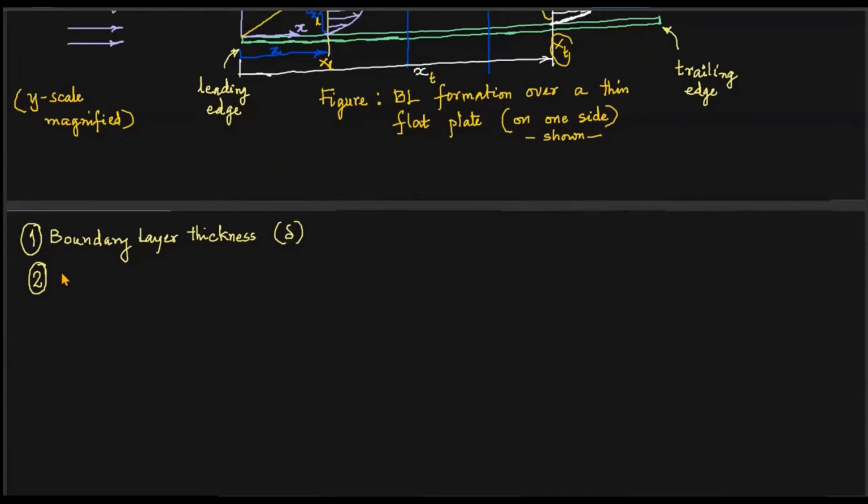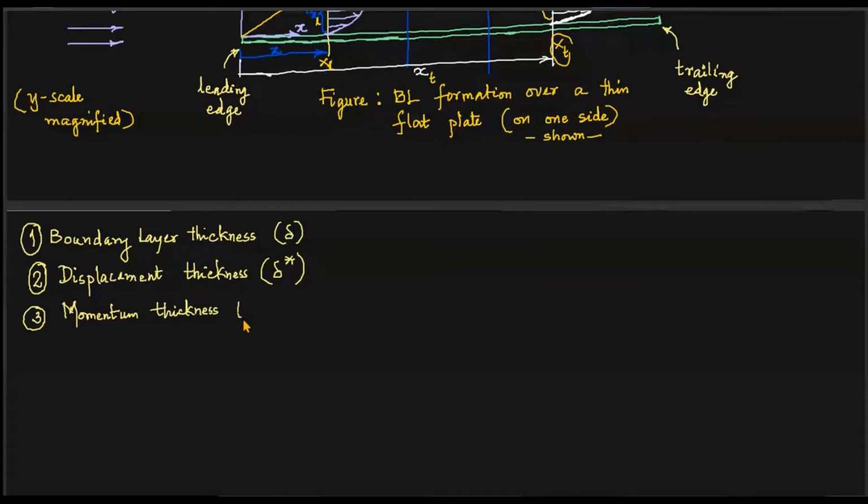Second parameter is displacement thickness. Displacement thickness, it is represented by delta star. And the third one is momentum thickness. Momentum thickness, that is represented by, let's say, theta.